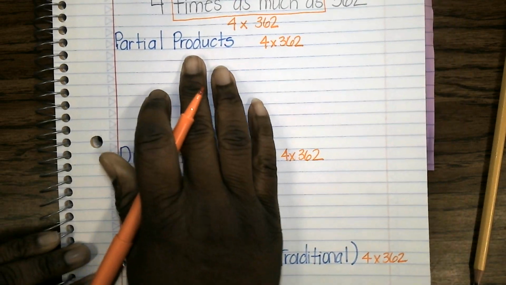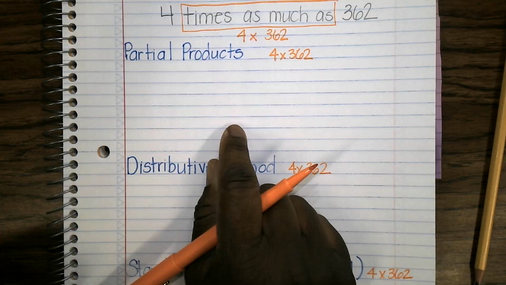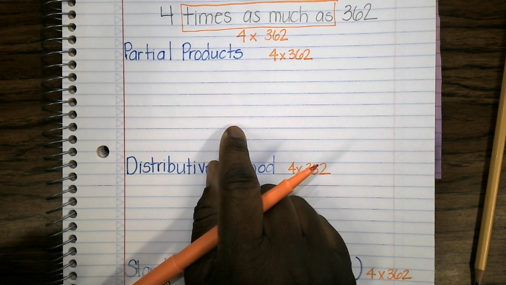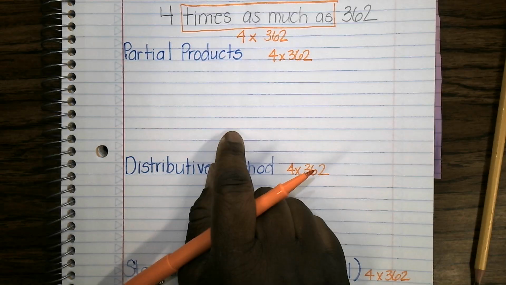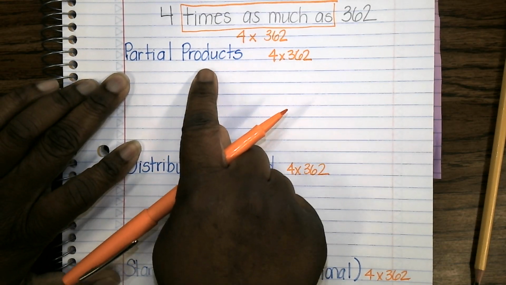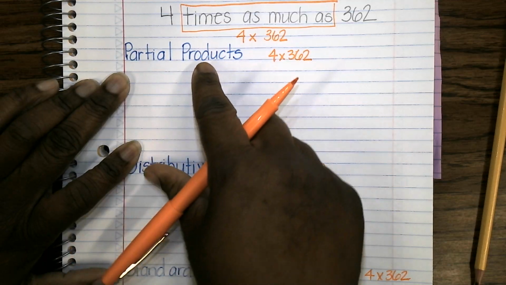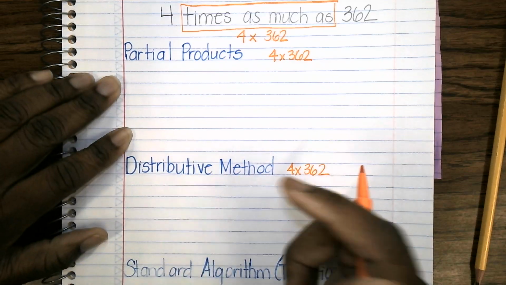Now, for partial products and also the distributive method, this draws on what the kids should know or remember about place value and the value of each individual digit within a whole number, or any number, whether it's whole or a decimal. These are strategies that help conceptualize how multiplication works, because it helps them think about the values of digits.